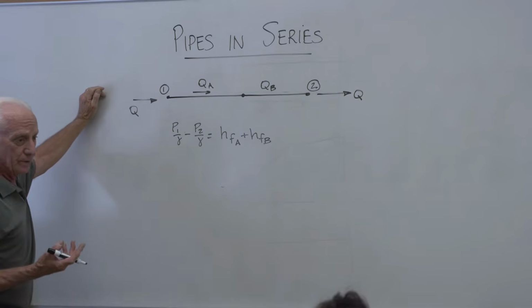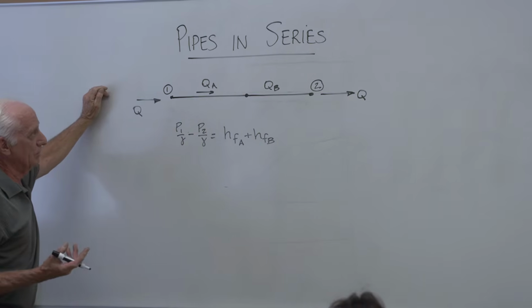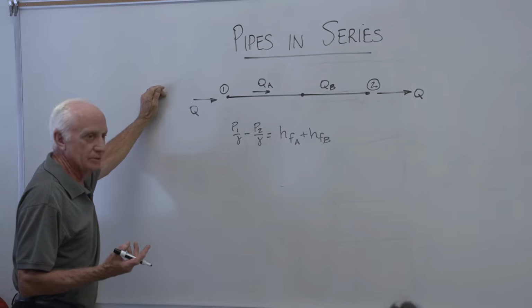It's typically small compared to other terms. We assume it's a horizontal pipe, so Z1 equals Z2.